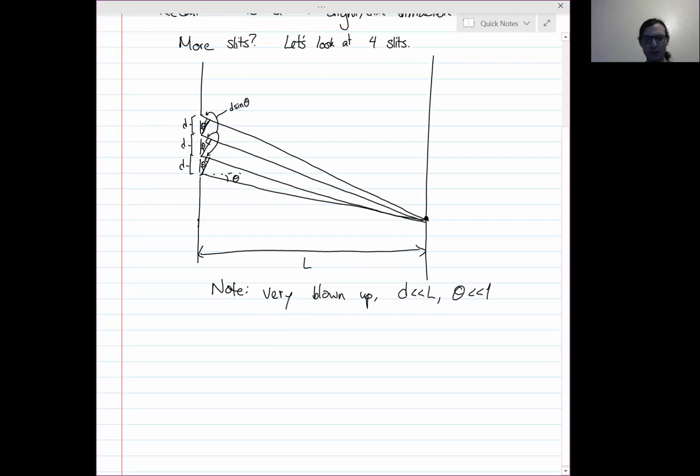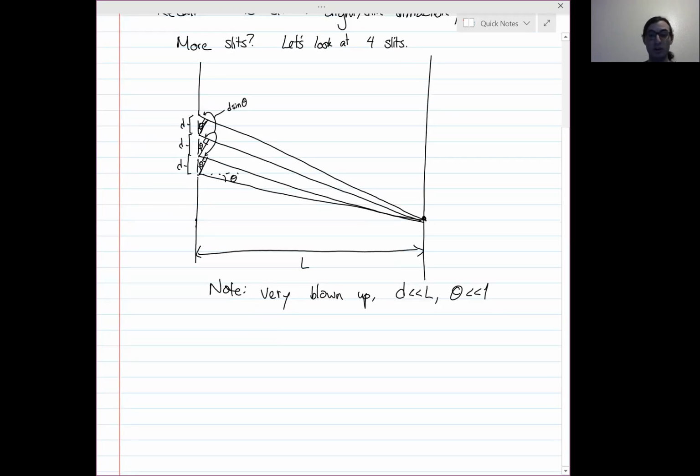So the first question that we should ask when we are looking at more than 2 slits is, what do we mean by a bright spot, or a bright fringe? The reason we ask that is when we just had 2 slits, it was obvious.